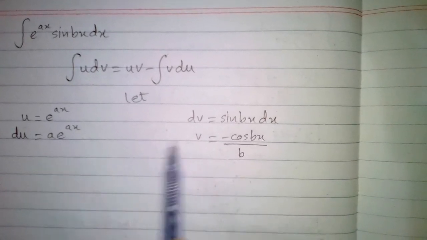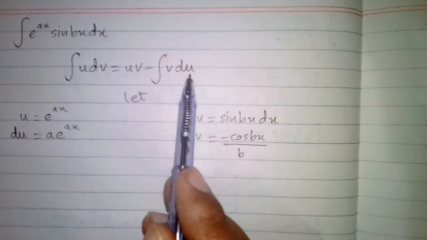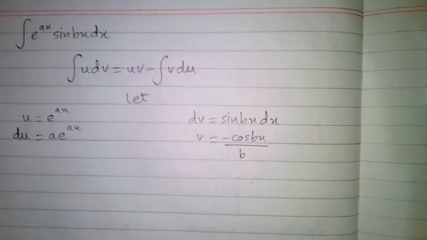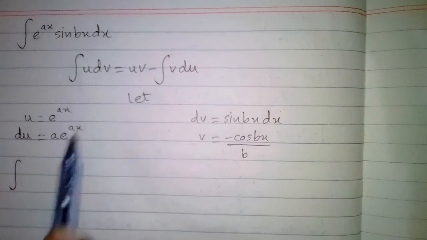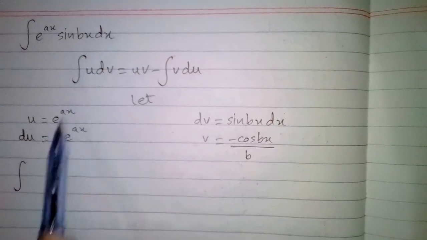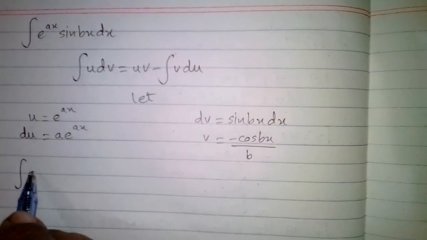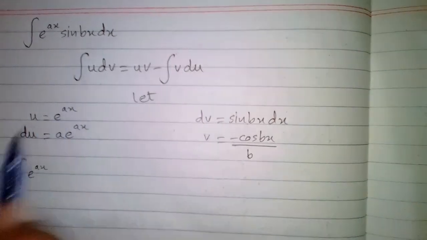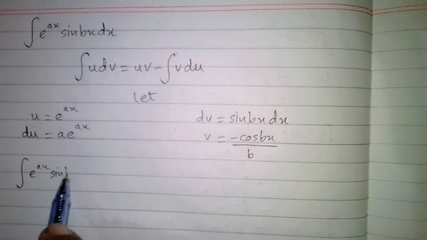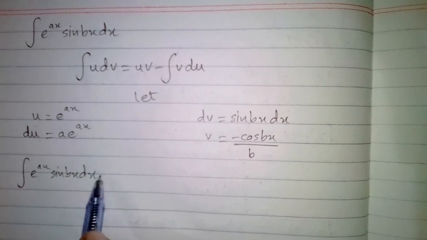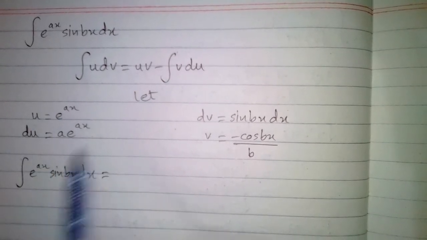Now we will put the value of u, v and v du in this integral. So the above integral will become integral of u, which is e to the power ax, then dv is sine bx dx, and this is the question.